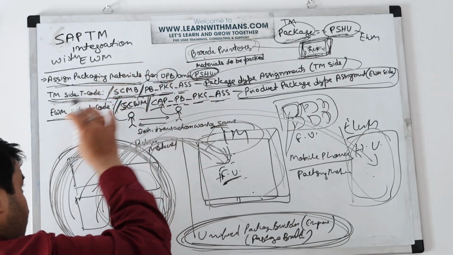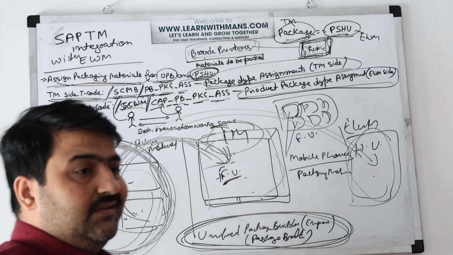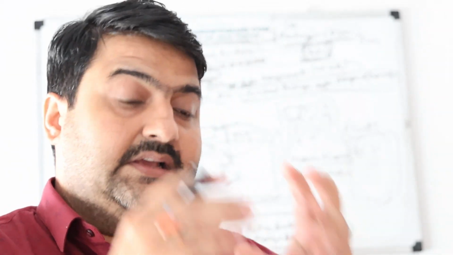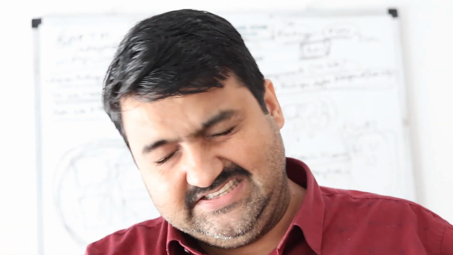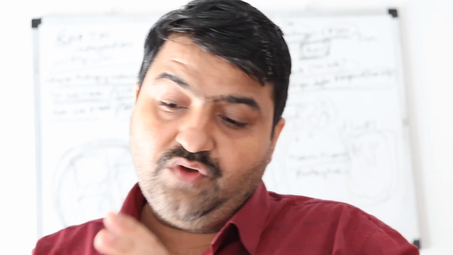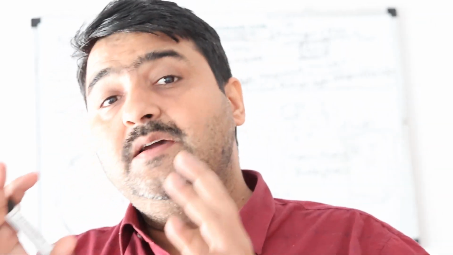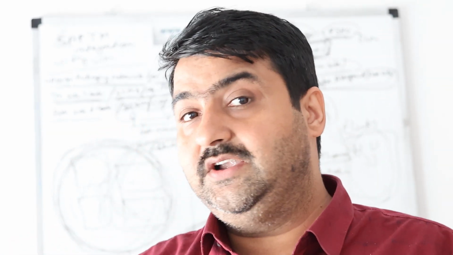So both of these are very important transaction codes. Finally we are saying to the system, this is my material which I want to pack inside the freight unit, okay, or inside the box, freight unit, handling unit, transportable unit.